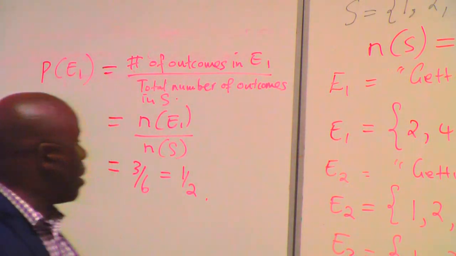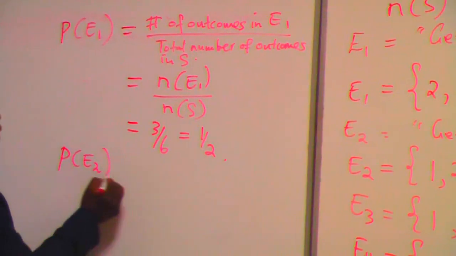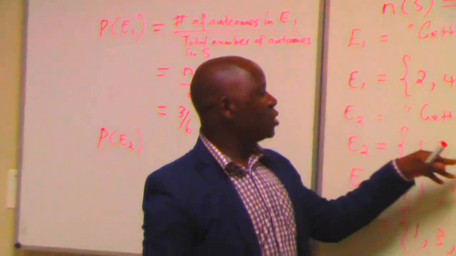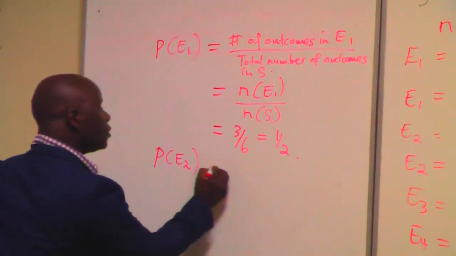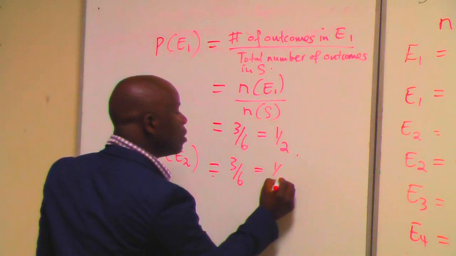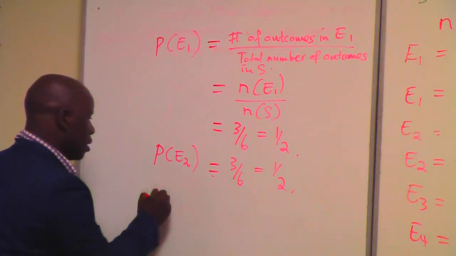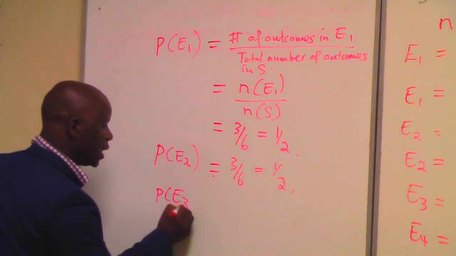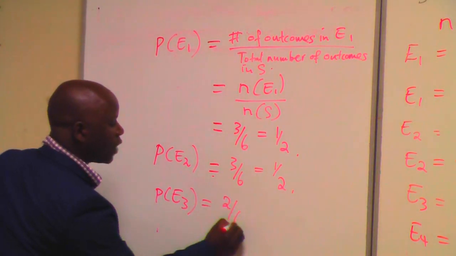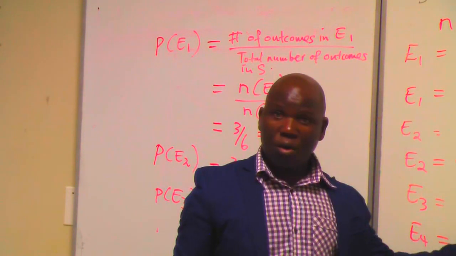Now, what is the probability of E2? Using the same approach, it will be equal to 3 over 6, which is still half. What is the probability of E3? E3 will be 2 over 6. Where am I getting 2 over 6? Getting a 1 or a 3.